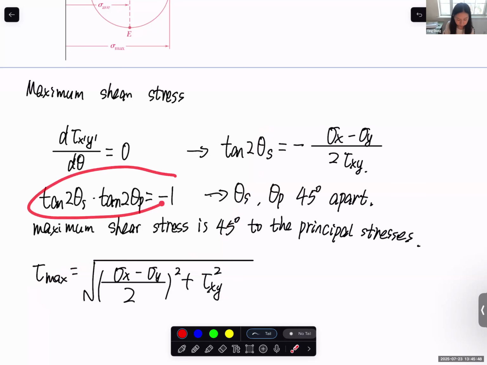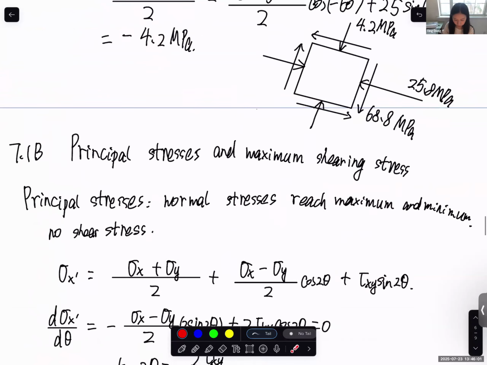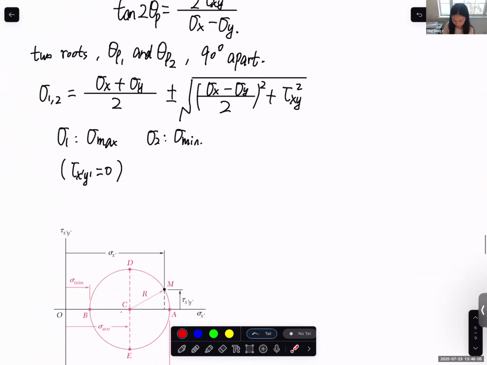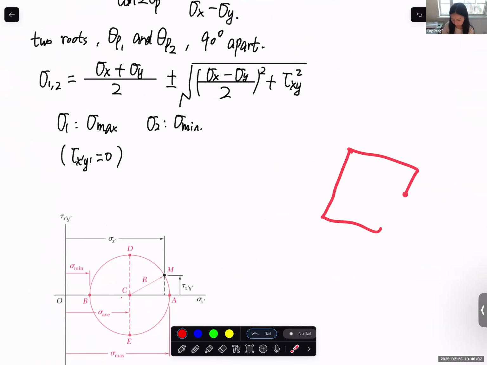I'm multiplying these two just to show you that if you compare the direction of the maximum normal stress and maximum shear stress, they are 45 degrees apart. So if you solve for the maximum normal stress, that is at a certain orientation, and at this orientation the normal stress reaches an extreme value and all the shear stress disappears, and the maximum shear stress should be 45 degrees from it.